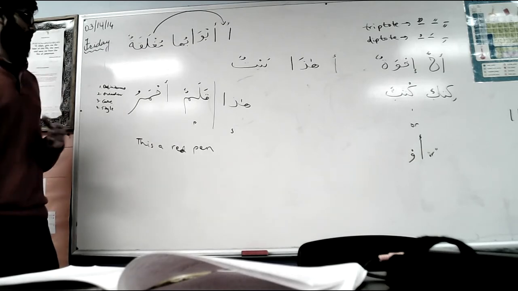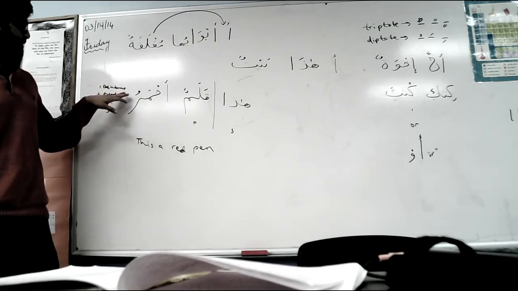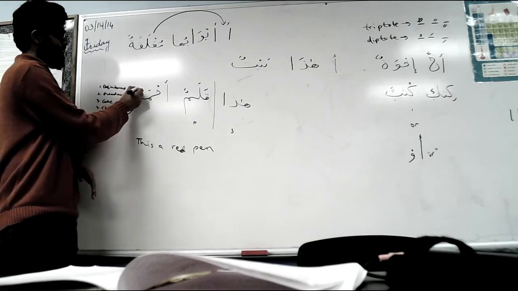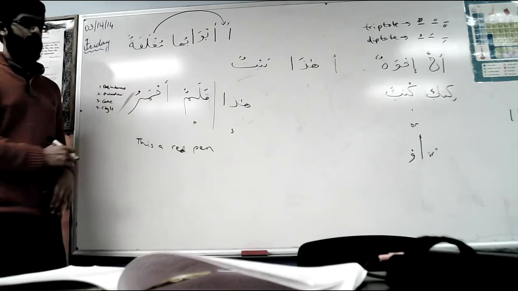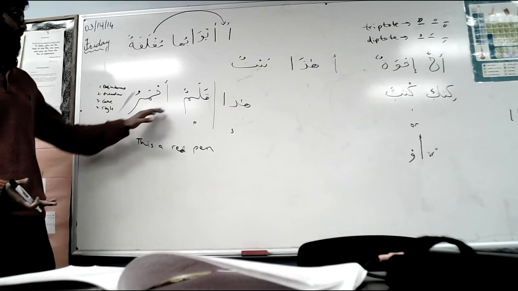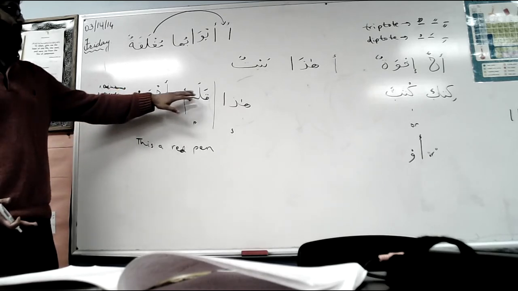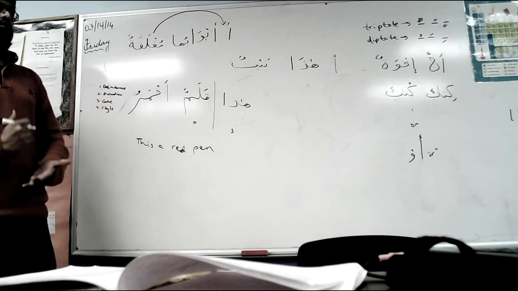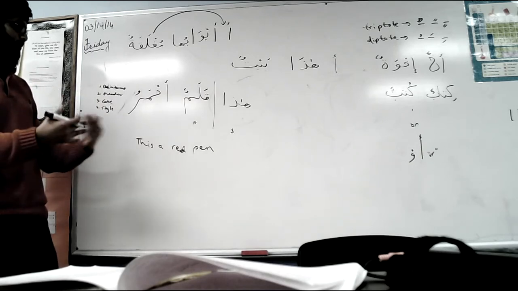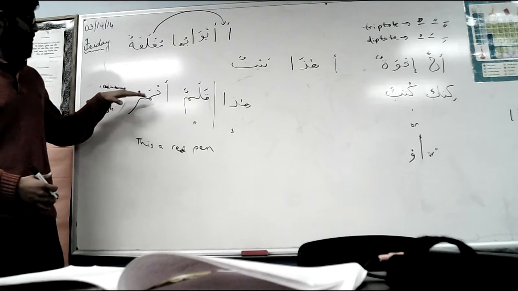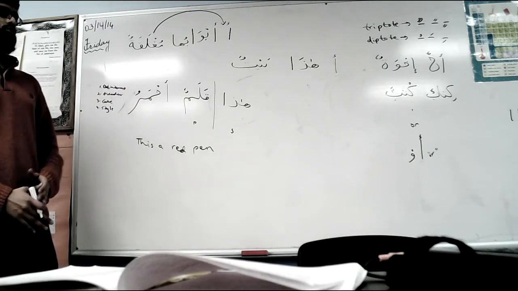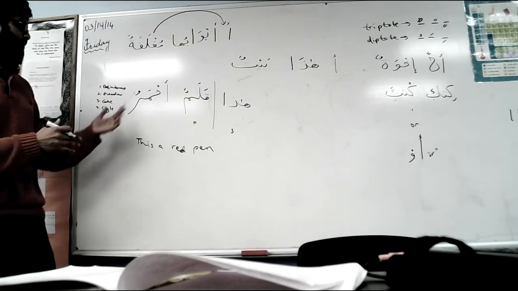It's also marfu because it has the dhamma. It doesn't have two dhammas because of the mamnu min as-sarf. It's on that pattern af'alu, so it's not going to have tanween, but it's still marfu. That's what I'm trying to show, that it's marfu, but it doesn't have two fatha or two dhammas.